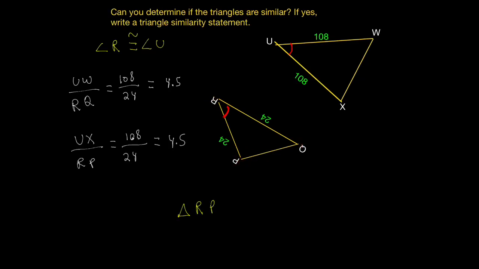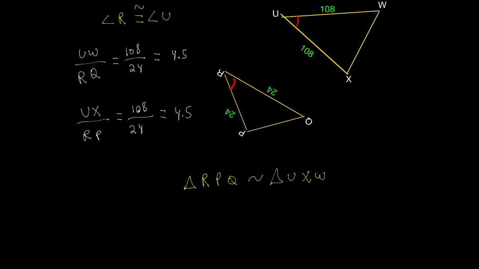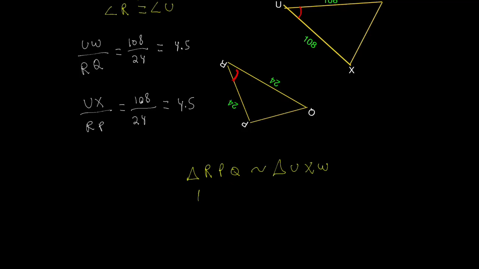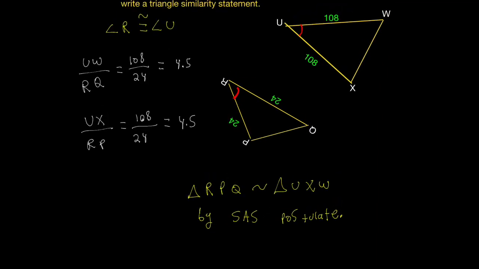Triangle RPQ is similar to triangle, we've got to mimic the pattern, triangle UXW by the SAS postulate. So we also have to be explicit about which postulate we used when claiming that two triangles are similar. And of course, your work should also be displayed.